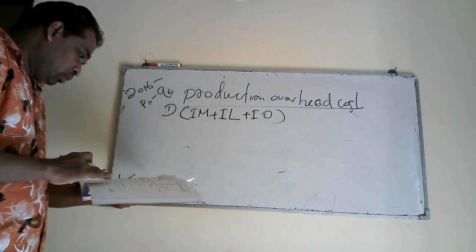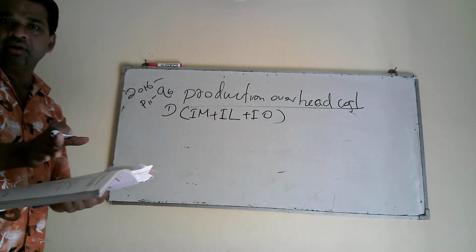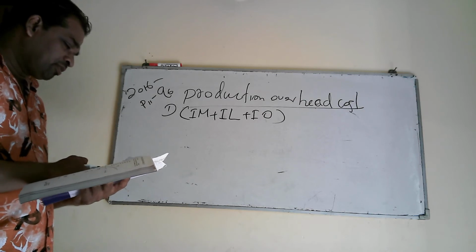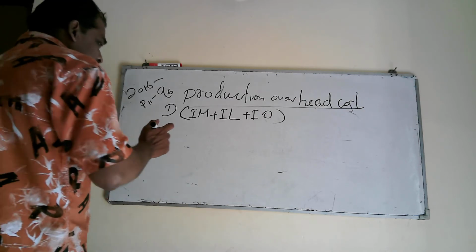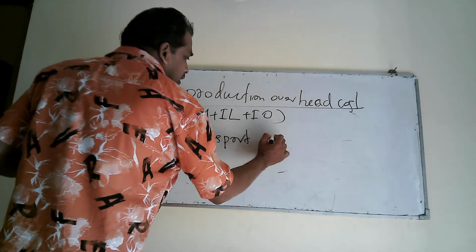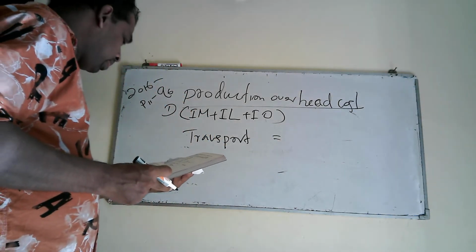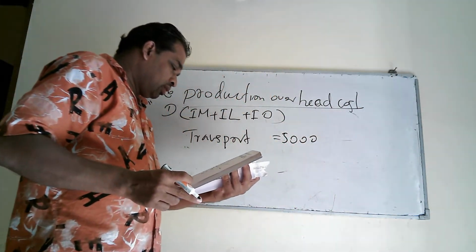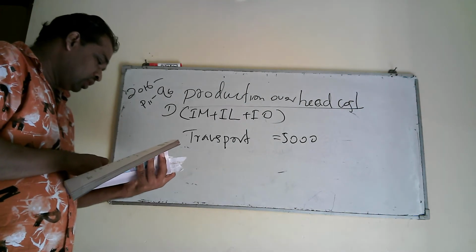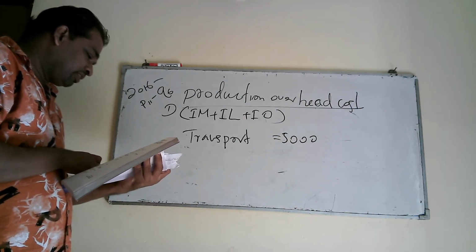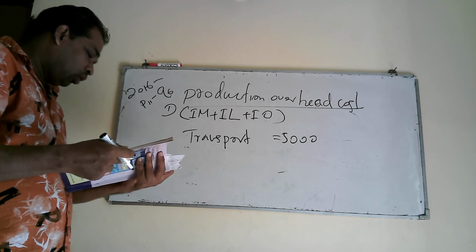Right. You have to just extract the values given in the question. Direct expenses, transport expenses, transport. Transport you are given 5,000. Right. Then direct expenses 30,000, transport expenses flower vases 5,000. Right. Okay.